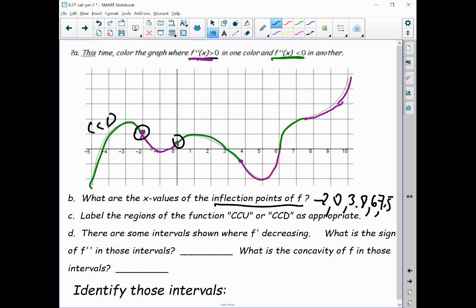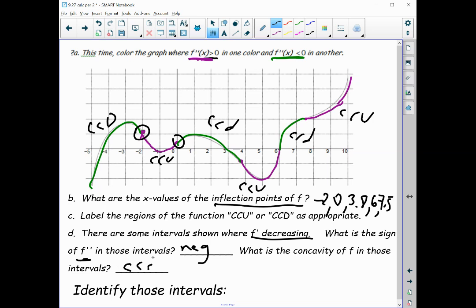So CCD, CCU, CCD, CCU, CCD, CCU. There are some intervals where f prime is decreasing. What is the sign of f double prime in those intervals? So if my slope is decreasing, its rate of change would be negative. What is the concavity of f on those?